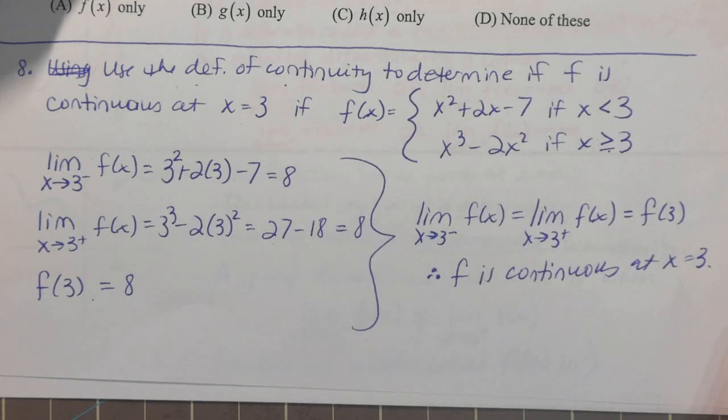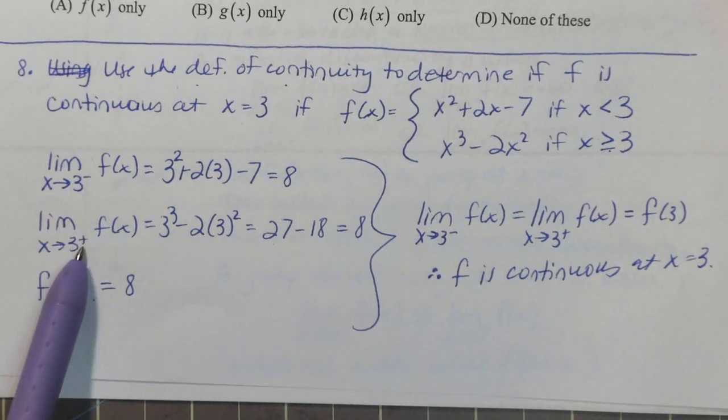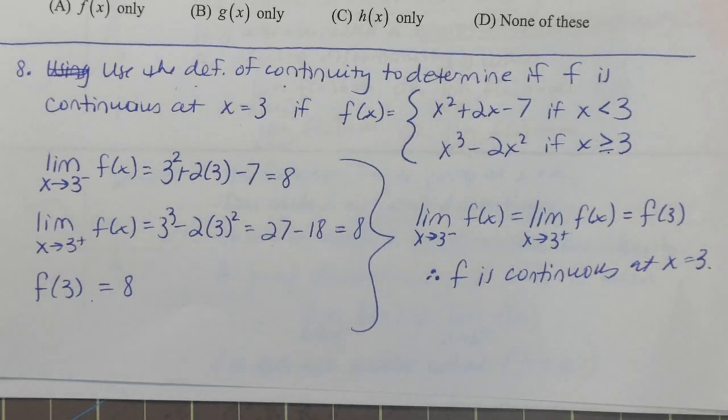That is a 3-step continuity proof. So there will be one like this on your test, most likely, and you need to show me those 3 things. If you do not have a limit on your paper, you will not get any credit because you're not using the definition of continuity. All right? Okay.